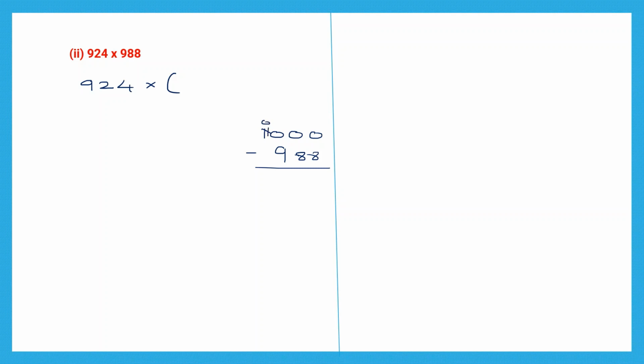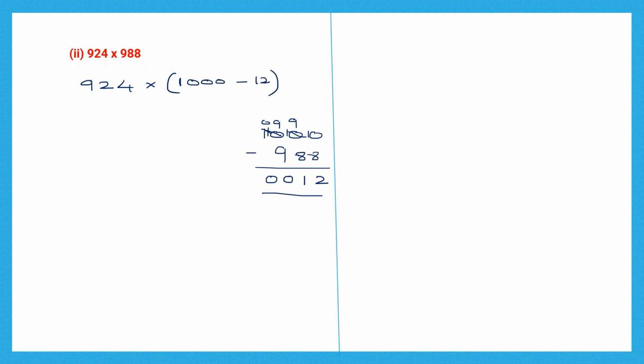So this is 10, 9, then you have 9 and then 10. 10 minus 8 is 2, then 9 minus 8 is 1, then we have 0 and 0, that means 12. 1000 minus 12 is 988. So we can write that here. So I can write 1000 minus 12.